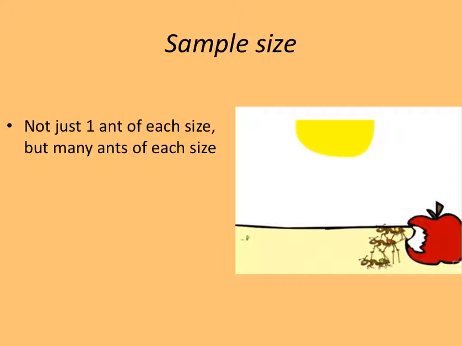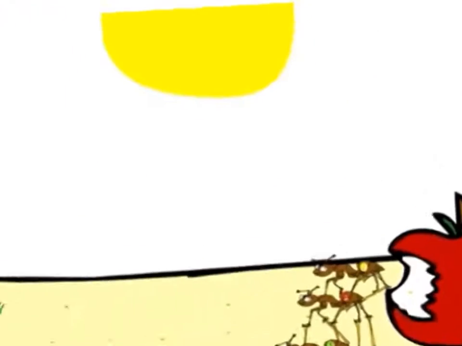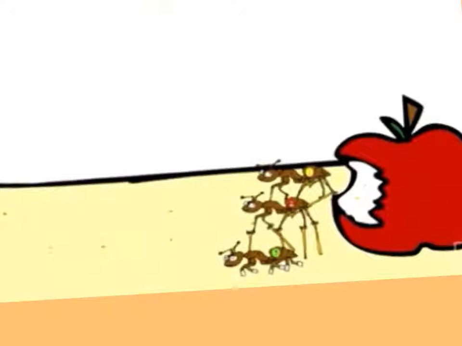What happens is the bigger the sample, the stronger the power to actually detect a difference, let's say. So when we actually run an experiment, remember with the ants, all they showed was individual ants.